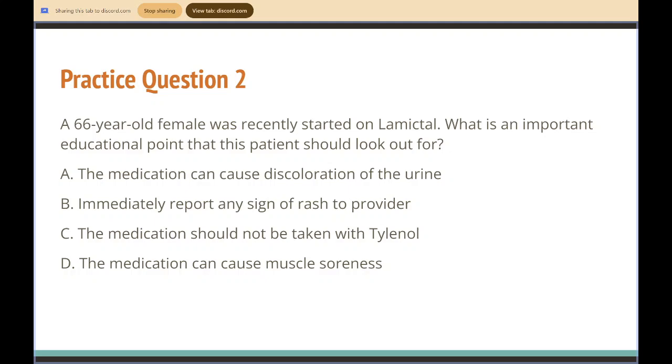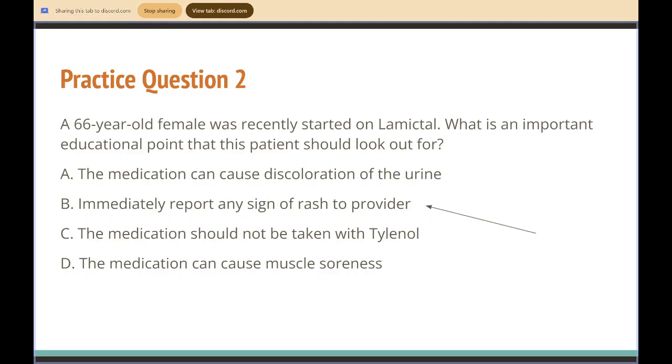Okay, so the correct answer is going to be B. Lamotrigine can cause severe skin rashes that can require hospitalization. And so if a patient complains of a rash, you need to immediately discontinue treatment.